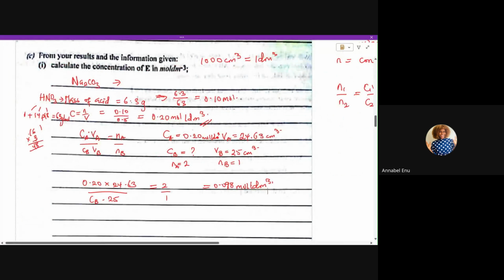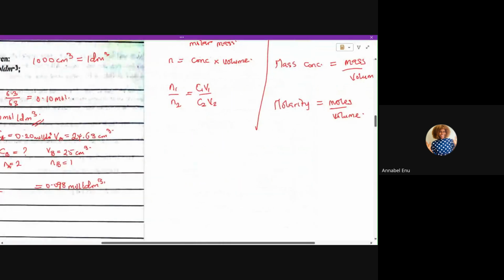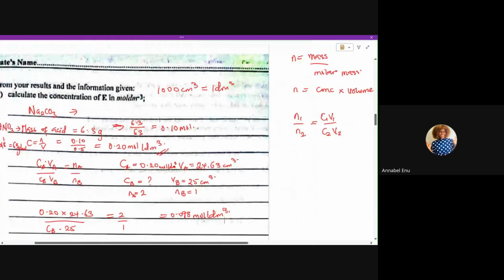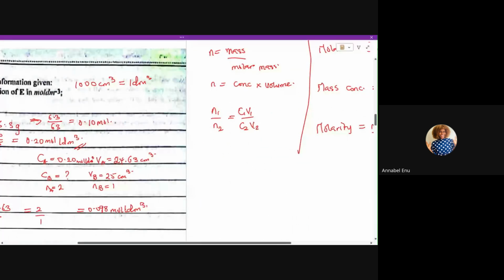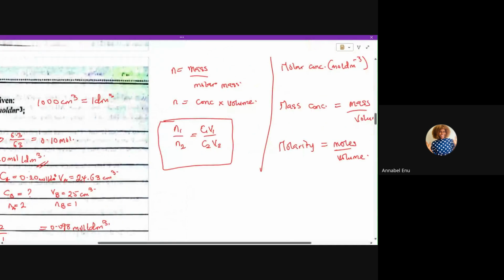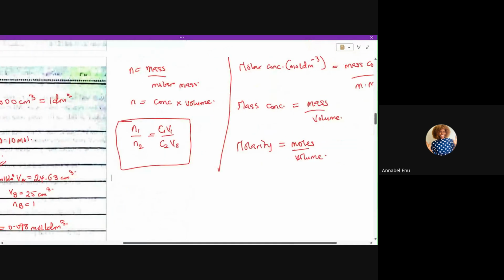So we can see that the formula we use here is concentration equals number of mole over volume. Okay, so at the end of the day, when we are looking for the concentration of the unknown, it's best advised to use this formula. And for things like mass concentration and the rest, we can make use of the others.